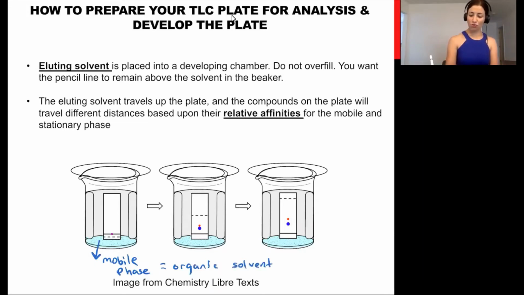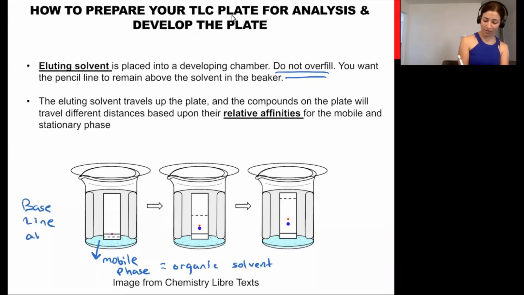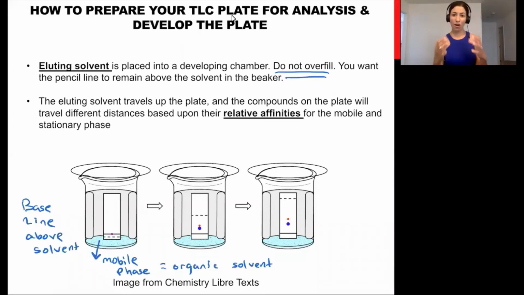Okay. You do not want the mobile phase height to be higher than your pencil line. Okay. Your baseline must be above the solvent. When you think about why, we want the solution we spotted to be on the plate. We don't want it to wash away into a sea of mobile phase. So we like to keep the mobile phase below that pencil line.